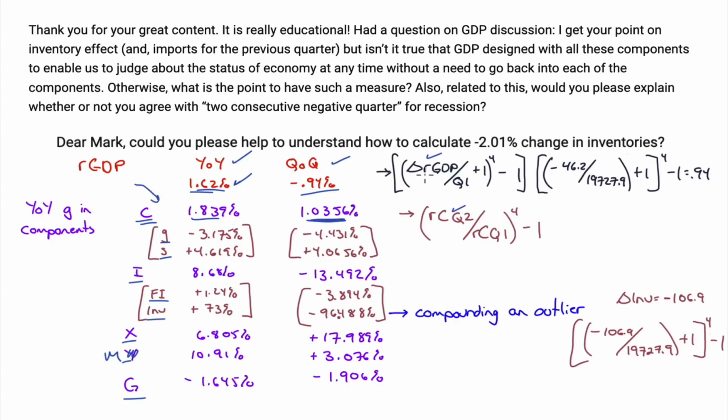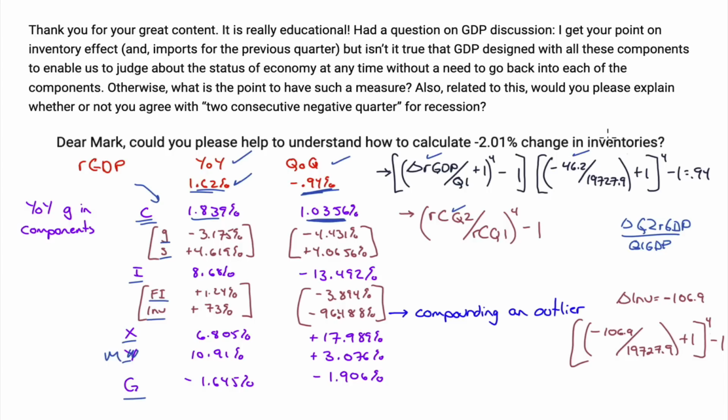So this is the change in real GDP to get to this 0.94, divided by Q1, add 1 and put it to the power of 4. Because if you take the change in Q2 GDP and divide by Q1 GDP, you get a 1 quarter change. You have to annualize that, put it to the power of 4, subtract out 1.